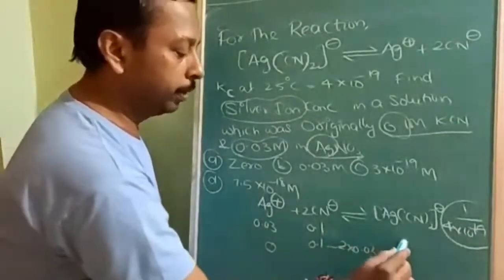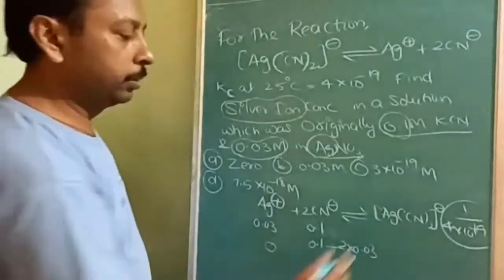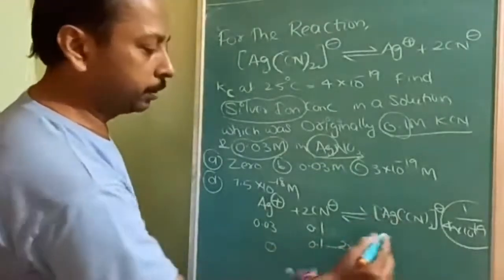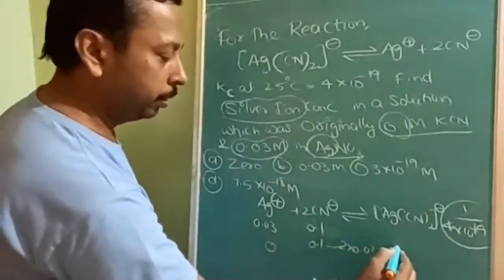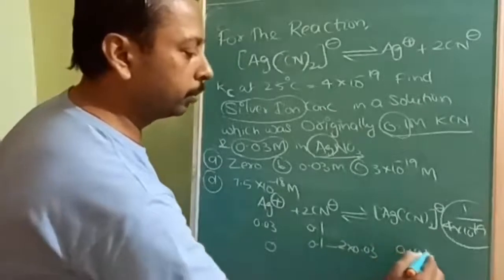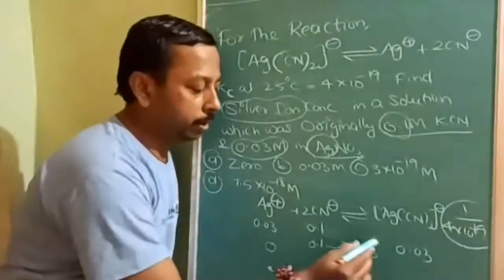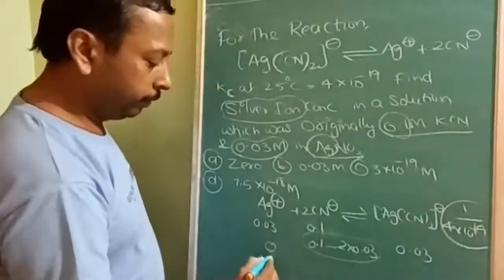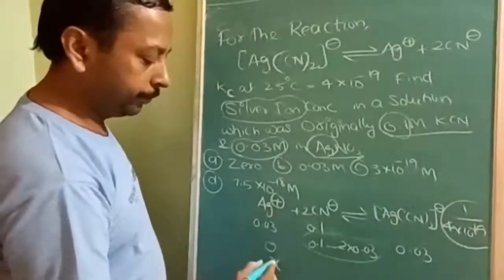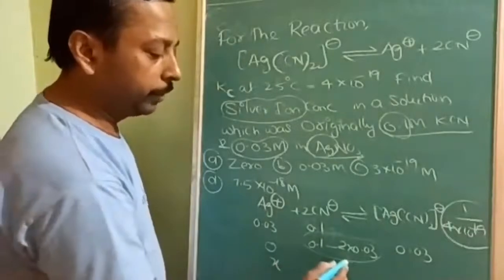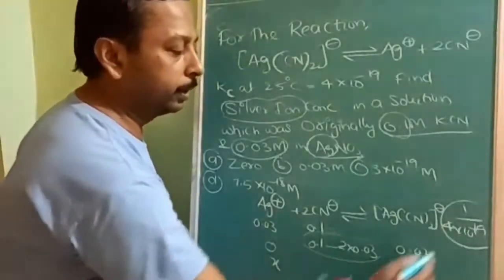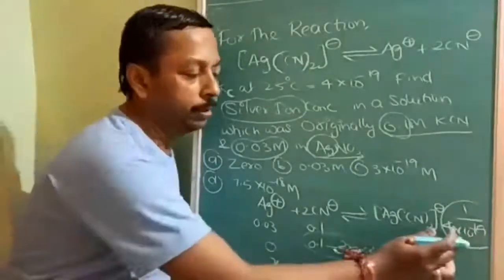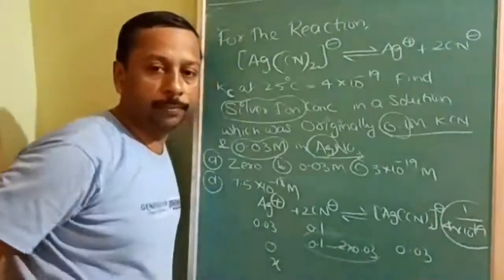And this will be 0.03 when it is 100%. But it is not 100%, it is at equilibrium. So if I take this as x, you can find this out and substitute the x value in this one, and you will get the final answer.